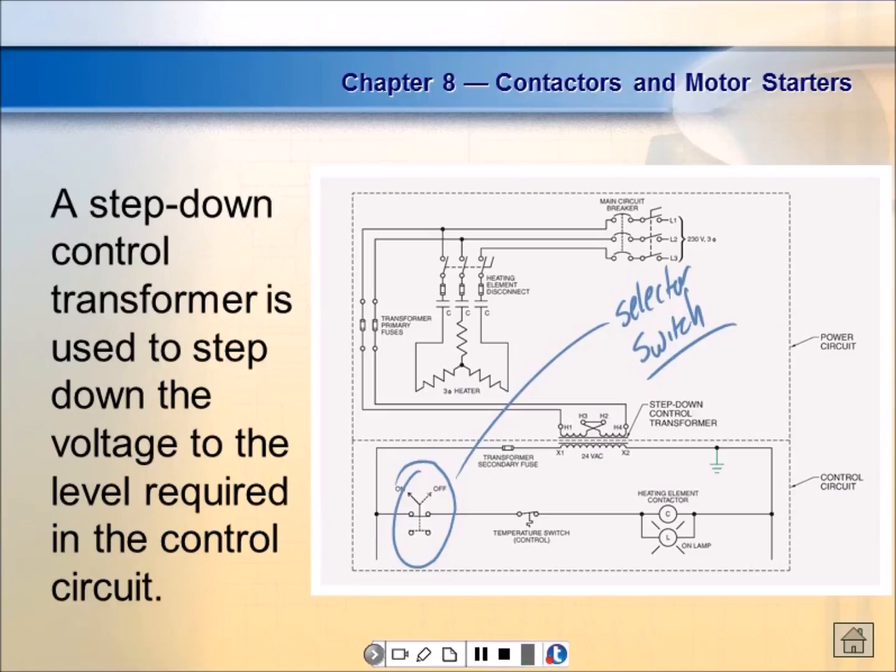And this is a two position, and they call it off and on. So notice the dash line right here on the off side, and then the solid line on the on side. What they're telling us is if I turn it on, then the solid contact will be made. If I flip it to the off position, then the bottom contact will be made. Does that make sense?